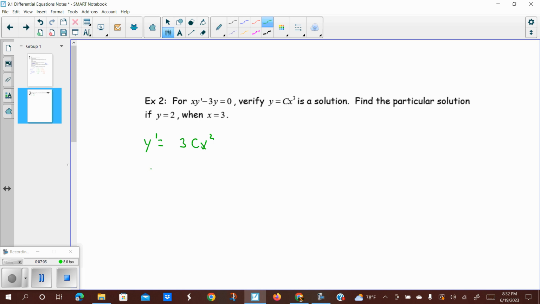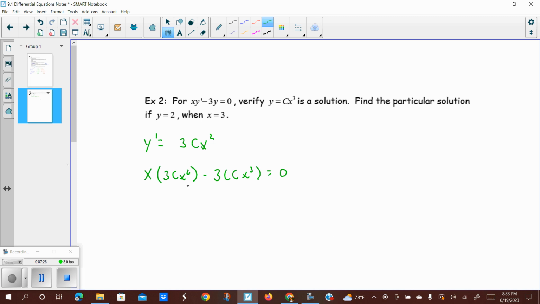Let's see, it's got x times y prime, which is 3c x squared, minus 3 times the original y, which is c x cubed, equals 0. Okay, verifying should mean, again, this means this should work, so we just have to show that it does.